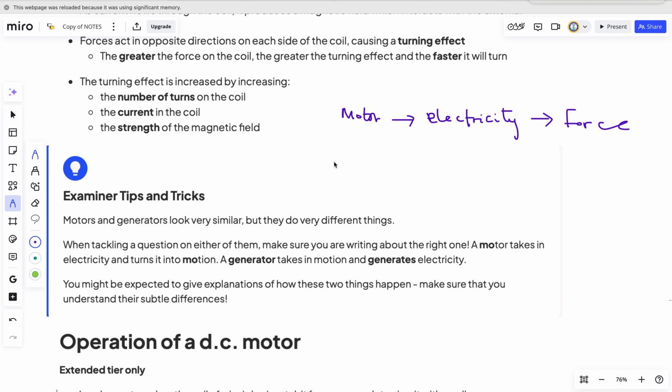In the case of an AC generator, I just write generator. Motor is DC because we are using a battery. DC is from a battery and AC is from your power source in your home. If you have a generator, what do you convert?